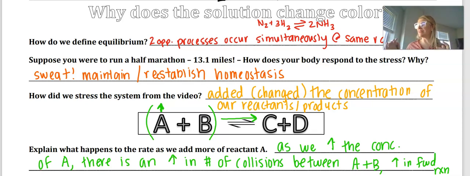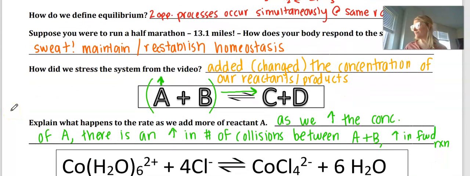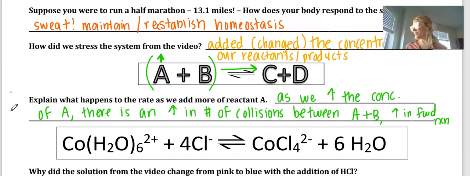C and D will collide more frequently, producing more A and B, and eventually they'll reestablish equilibrium. But in that momentary addition of A, we create a push of the forward reaction. So understanding that, let's go back and look at what we saw from the video.